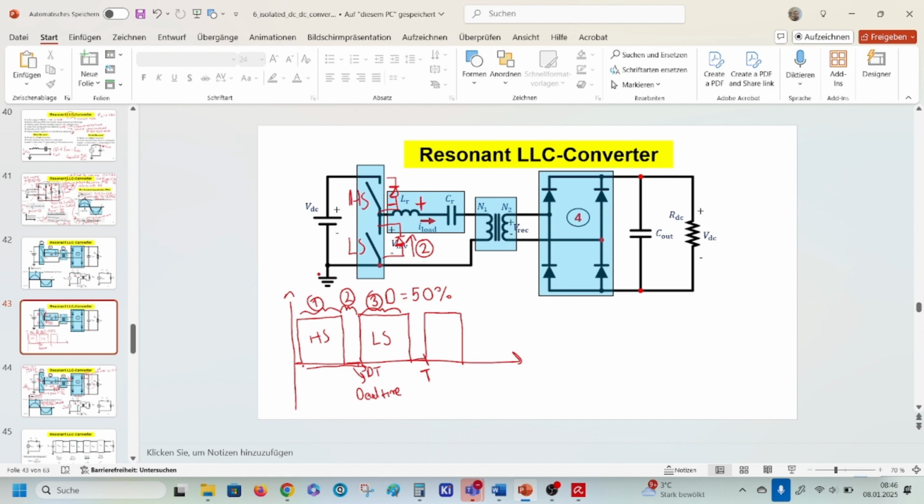In the third mode of my switching pattern, high side is off, low side is on. That would mean in this case the charge cap will be discharged and the current will flow in the opposite direction, like this.